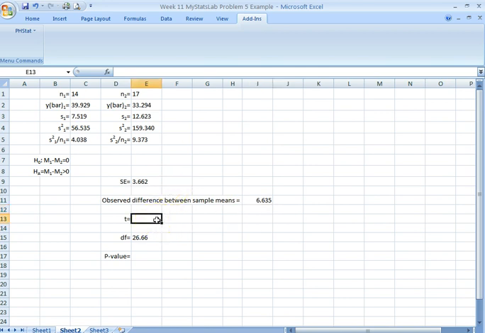So let's do that. Equals our observed difference there divided by our standard error, enter, and there's our t value, 1.812.